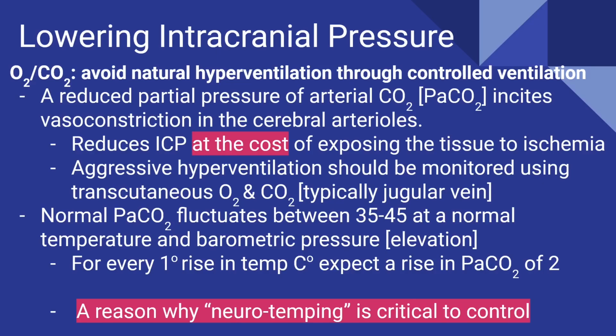And from some articles I read, what they recommend is that you monitor transcutaneous CO2, which is something we really don't do. I actually have never heard of this until I read some articles about hospitals that were doing that, where they monitor CO2 based on the jugular vein.